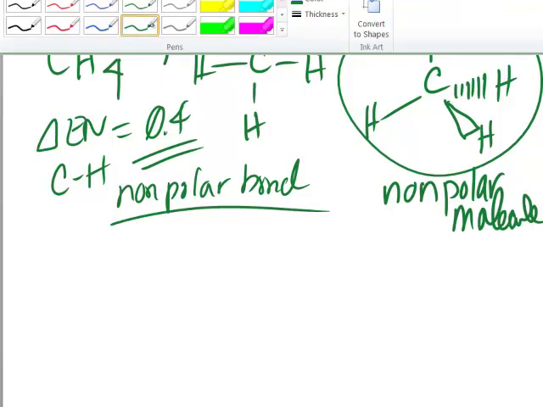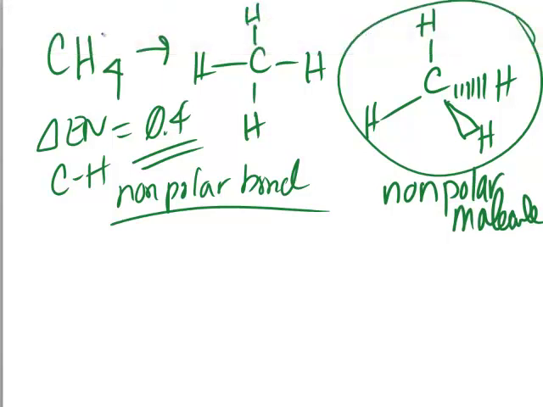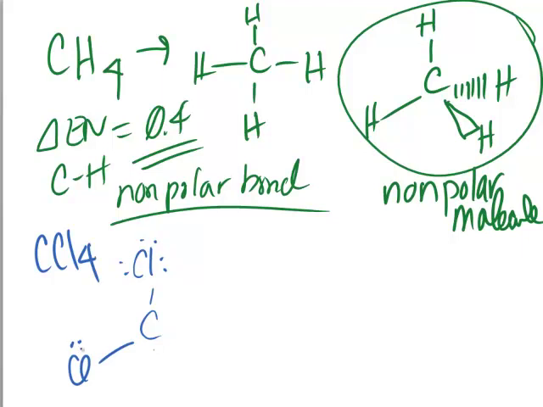Okay. What about a similar molecule, CCl4, carbon tetrachloride? CCl4 would look just like methane, in that instead of hydrogens, it has chlorine atoms, but it takes on a tetrahedral geometry because it has 4 electron groups.